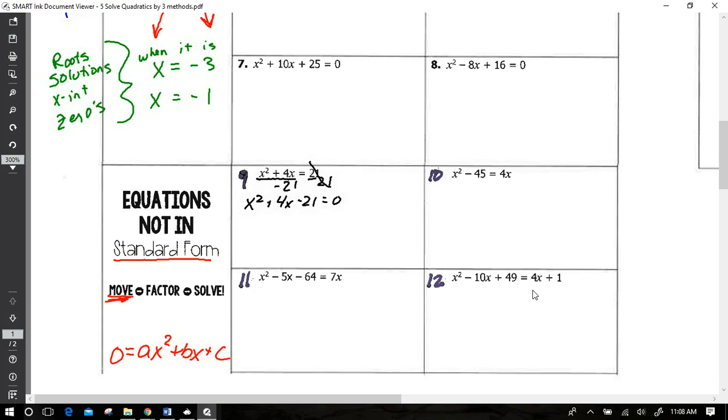Now I'm going to do step 2. -21 on top, 4 on bottom. 7 times 3 is 21. And 7 minus 3 gives me 4. So x plus 7, x minus 3. Now, if you have noticed what the zero product property does, you could say x plus 7, and then minus the 7 and then change.